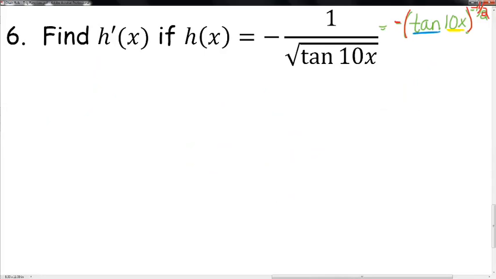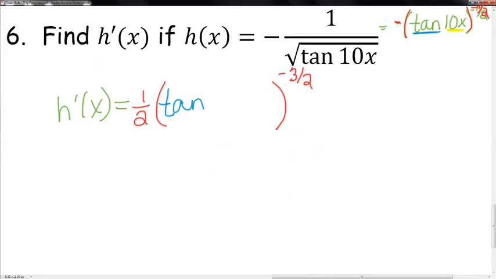So when I take my derivative, derivative of my shell, so -1 times 1/2 is a +1/2. And this whole thing stays the same, so -1/2 minus 1 is -3/2. And I still have my chocolate and my peanut intact, so I'm still going to have my chocolate, which is tangent, and my peanut, which is 10x.